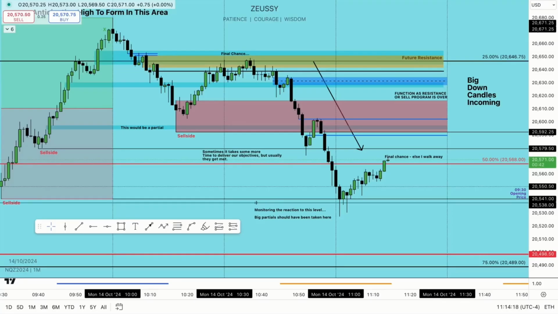We have closed above the 50% level. 1 minute left for the macro. Let's see how they're going to deliver it.